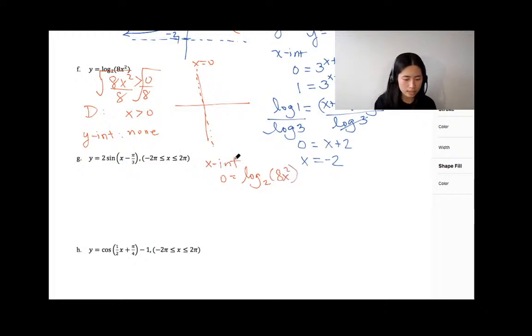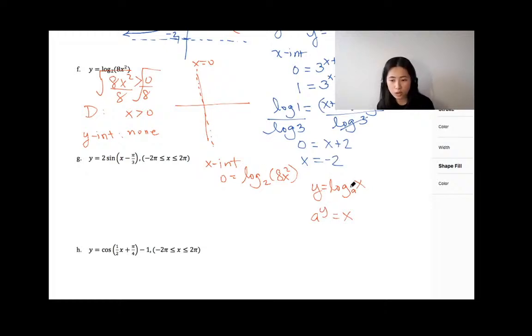I tell my students that anytime you're solving for x in a log function, you need to remember this template. You have y is equal to log base a of x, and then you have a to the power of y, which is equal to x. Because remember, they're inverses of one another, so you can solve for your x value based on the exponential function.